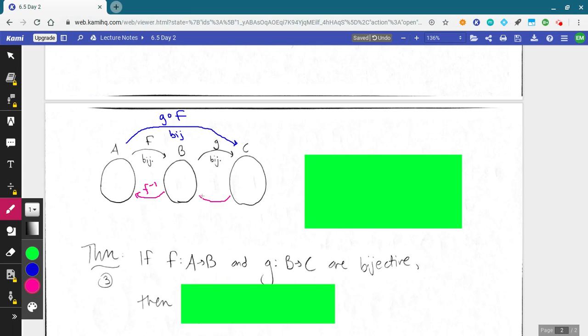Since G is bijective, we'll have an inverse function. And now we have two pink functions in a row. If we wanted to, we could compose them. The one that goes first is the G inverse. So F inverse composed G inverse.